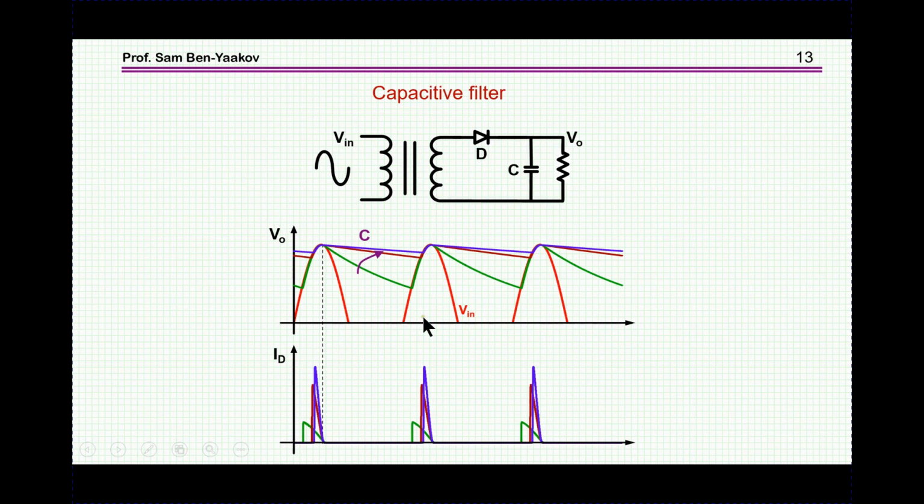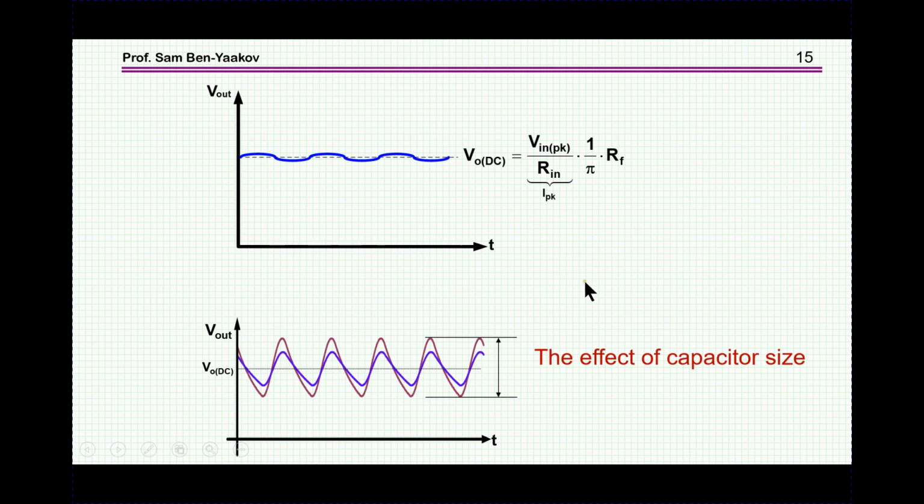Not so in this case. In this case, the DC is dependent on the capacitor. The larger the capacitor, the larger the DC voltage you'll get. Not so here. The DC depends on the resistor.